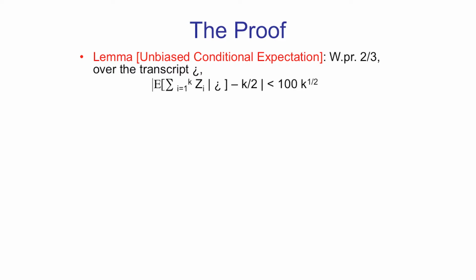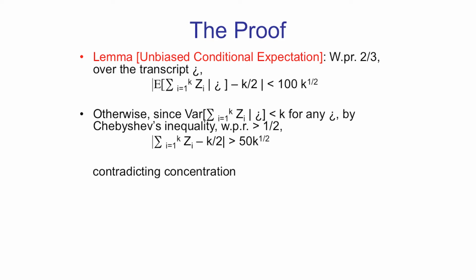And I'm saying with probability 2/3 in that distribution, the expected sum of the conditioned bits doesn't deviate much from its original expectation, which was k/2 before you started the protocol. Now, this is not true for every transcript. There could be some transcripts which really bias the expectation, but it's true typically.